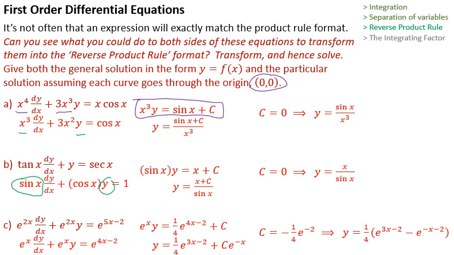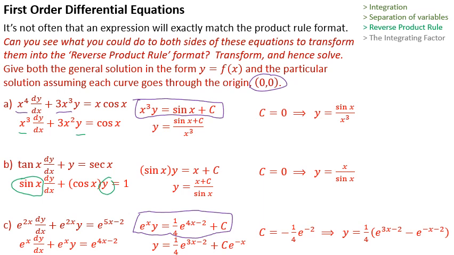When we replace x and y with 0, on the left hand side over here we'll have e to the 0 times 0, so 1 times 0, so the left hand side is 0, but on the right you get a quarter e to the 0 minus 2, so a quarter e to the minus 2. And when you rearrange, that means c has to equal negative a quarter e to the minus 2.